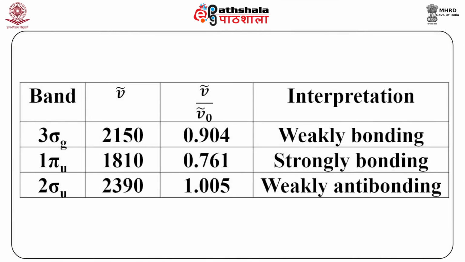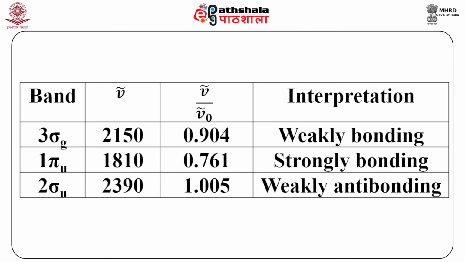And now we briefly summarize the vibrational data obtained from the vibrational fine structure for the 3 bands and the interpretation. Here ν̄0 is the vibrational wave number for molecular nitrogen, which we have noted is 2379 cm⁻¹. The first band is due to ionization from the 3σg orbital and its wave number is 2150, and the ratio compared to that for nitrogen is 0.904, and we interpret that this must be a weakly bonding orbital.